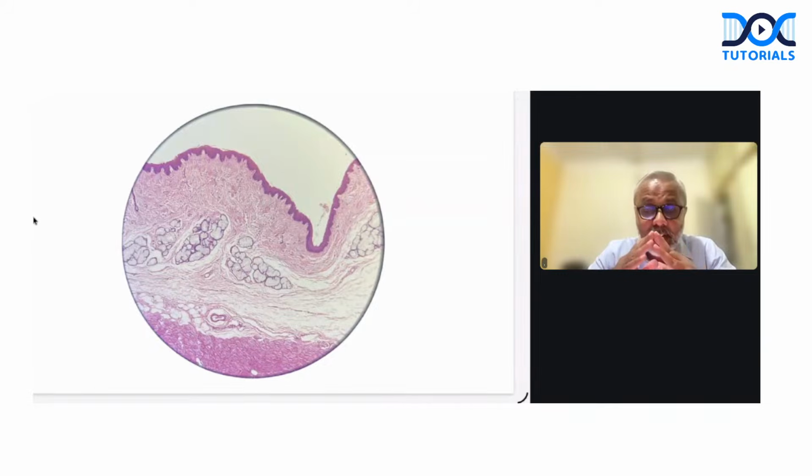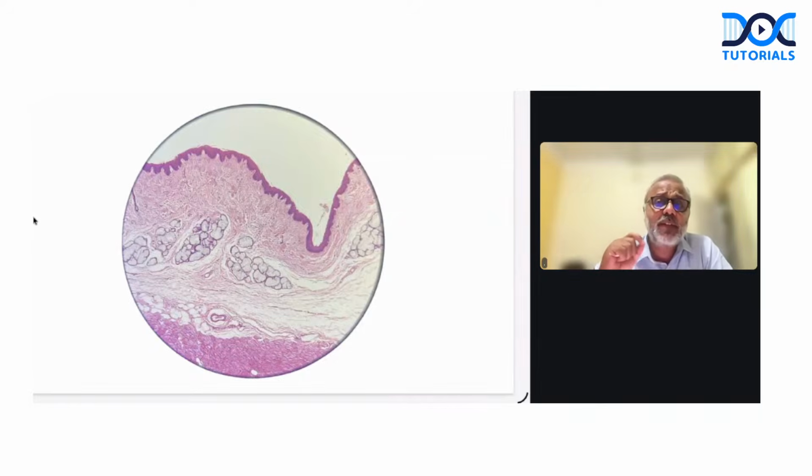The digestive tract has a characteristic arrangement of layers. From inside out, we have 4 layers. Towards the lumen, we have the mucosa. Then we have the submucosa. Then we have the muscularis externa. And finally, we have the adventitia. This is the same in case of esophagus, stomach, small intestine, large intestine.